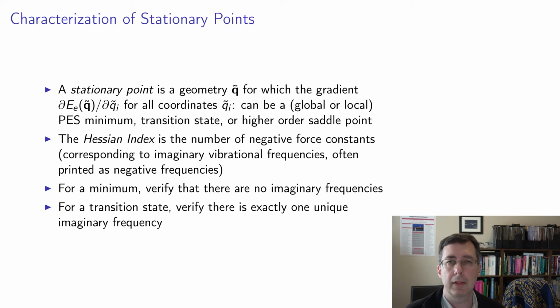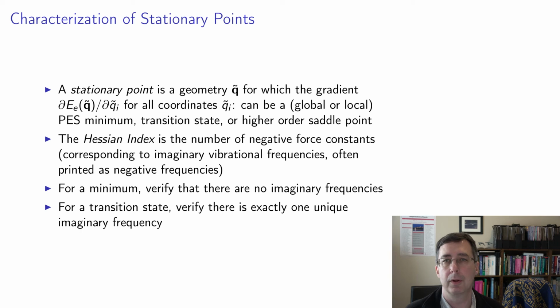Another reason to calculate vibrational frequencies for a molecule is to characterize your stationary point. So a stationary point is a point on the potential surface where the gradient is 0 in all directions. But even if I have that, it doesn't necessarily tell me if I'm in a minimum or a transition state or a higher order saddle point. So if I compute the vibrational frequencies, I can find this out. When I compute the vibrational frequencies, I just count how many imaginary vibrational frequencies I have.